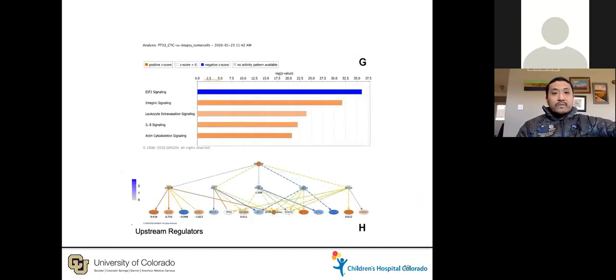These cells, compared to the tumor types, in a quick IPA analysis that we performed, are enriched for signaling such as integrin signaling, leukocyte extravasation signaling, IL-8, which is known to be a strong driver of osteosarcoma metastasis, and actin cytoskeleton signaling, which makes sense for a cell that's floating in the blood. And then Richter was one of the highest Z-score predicted upstream regulators.